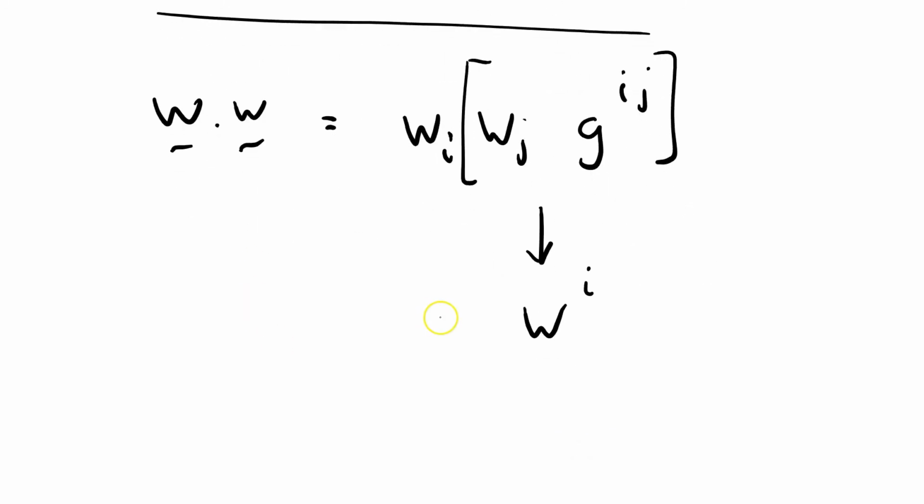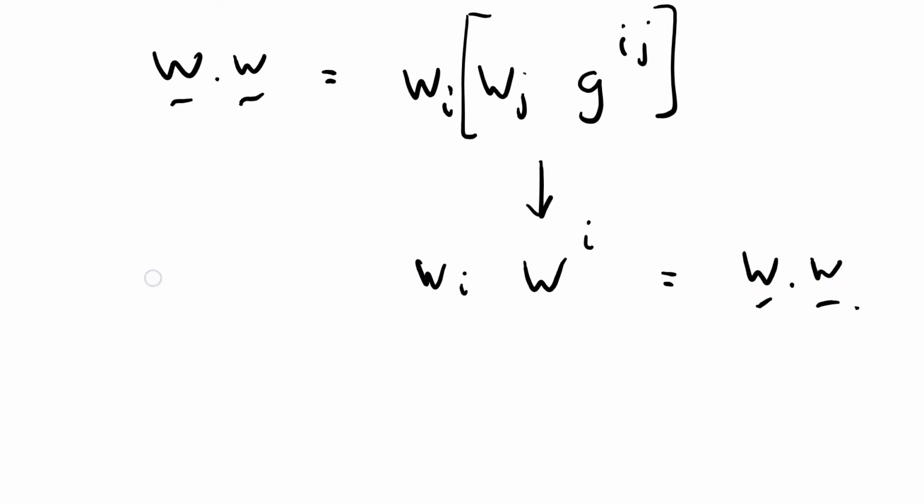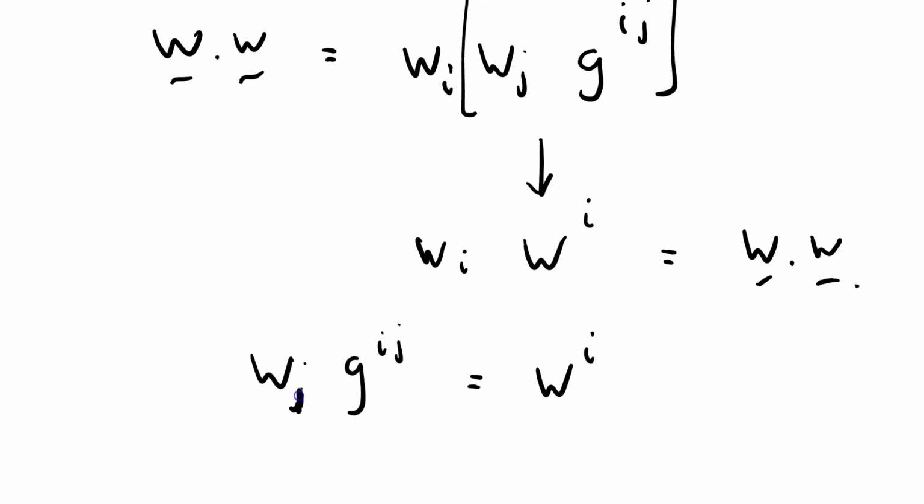So w^i equals g^ij wj. We can raise an index. We can take an index from downstairs and make it go upstairs simply by multiplying by this thing here.